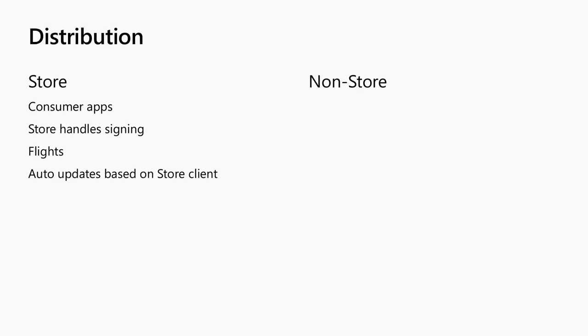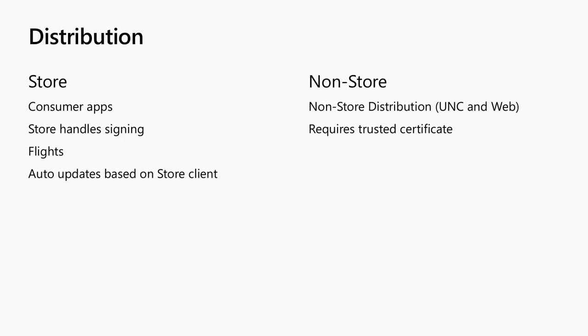But today I want to focus on non-store distribution. So if you decide to go with non-store, there are some options, like if you want to distribute in your private network or web. But the first thing to understand is that it requires a trusted certificate. It means that all MSIX packages need to be signed. Windows is not going to install any application that is not signed, and it must be signed with a certificate that is trusted on your machine.